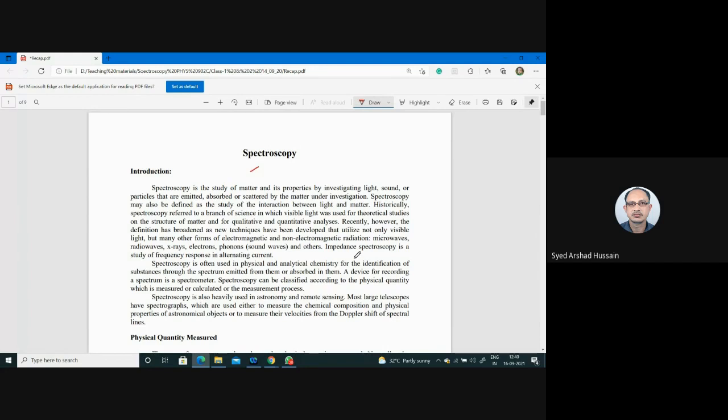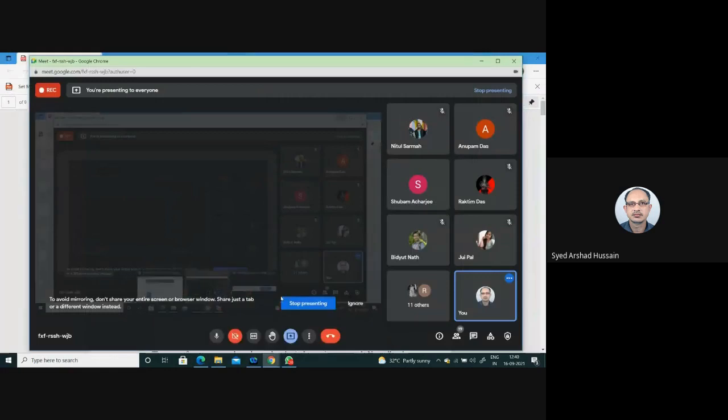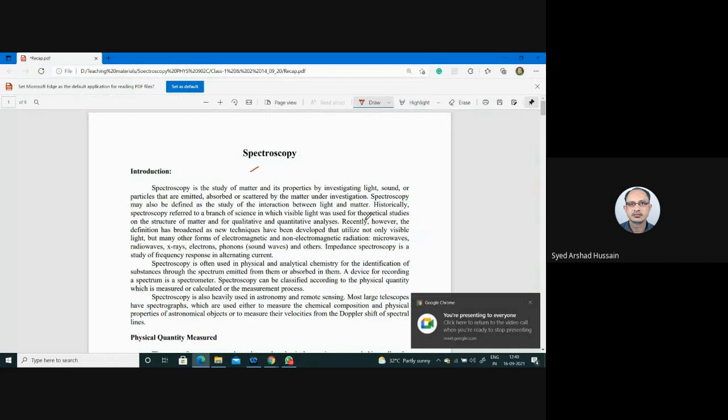Spectroscopy is one of the oldest branches of physics, and it mainly deals with the interactions of radiation with matter. People believe that it started with the famous experiment by Sir Isaac Newton, where he showed that when white light passes through a prism, a band of different colors is seen at the output.